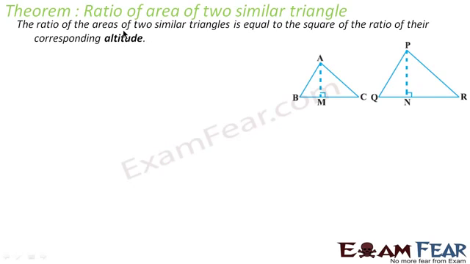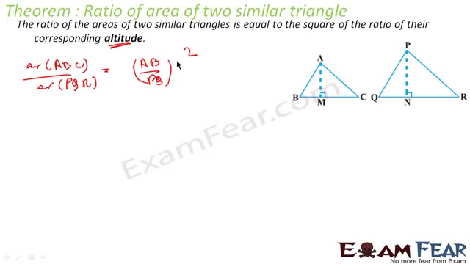Similar to this, the next theorem: the ratio of area of two similar triangles is equal to the ratio of corresponding altitude. So in the last slide, we have proved that area of triangle ABC by area of triangle PQR was equal to ratio of their sides, that is AB by PQ square, right? Ratio of side square.